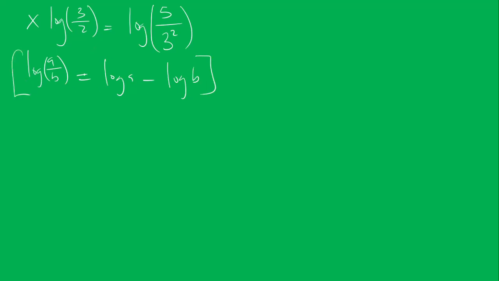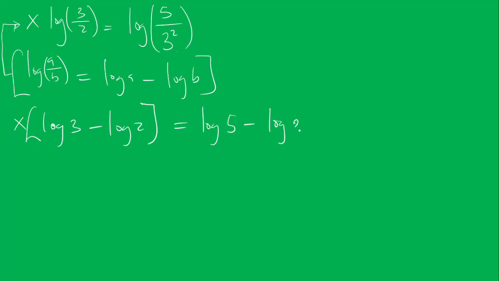Applying this rule here, you now have x into log 3 minus log 2. You also apply it here too: you have log 5 minus log 3 to the power 2.